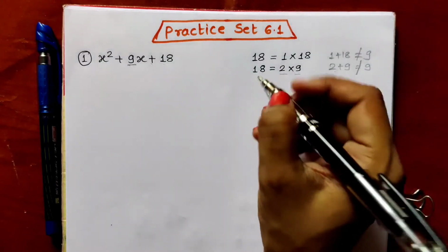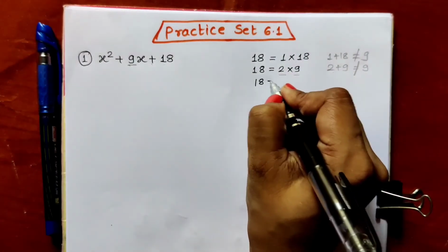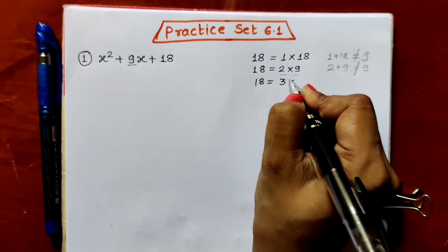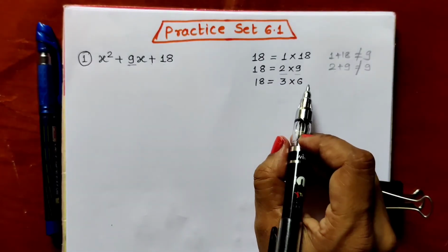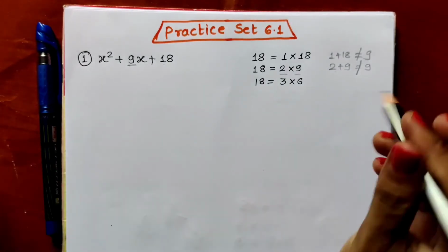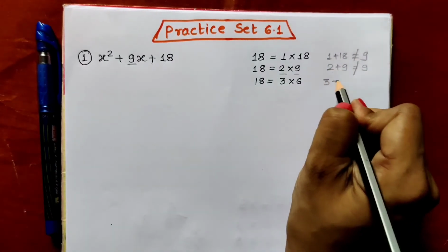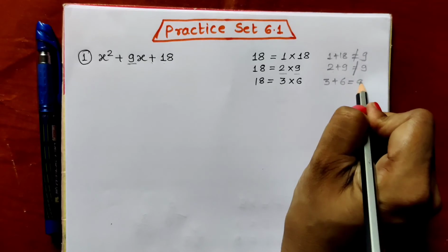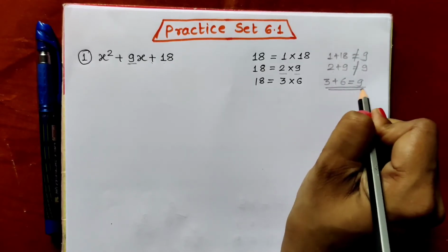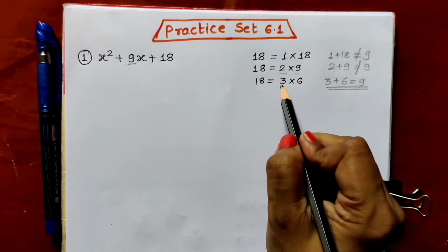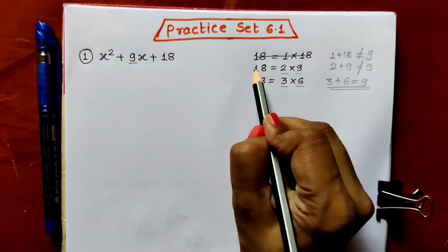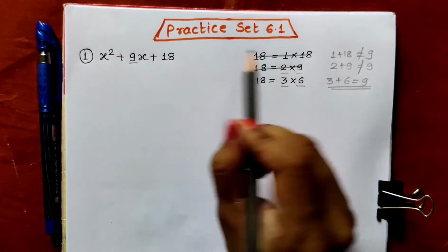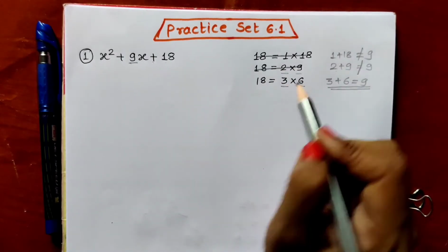Now let us find two more factors of 18. 3 6s are 18, correct? 3 into 6 is also 18. Let us find out whether the addition of 3 and 6 is 9 or not. Yes, it is 9. 3 plus 6 is 9. So we have to take only 3 and 6.